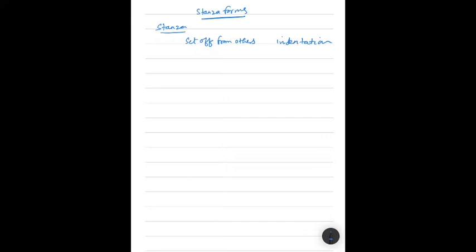We have various types of stanza forms which are differentiated by the number of lines in them, the number of feet in each line, or by their metrical pattern.